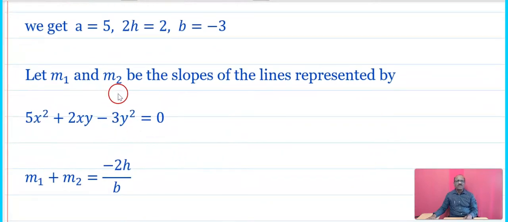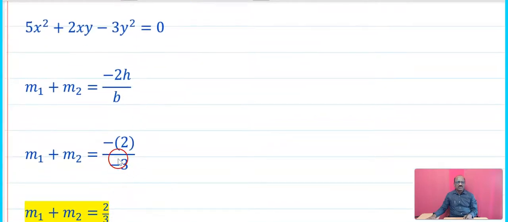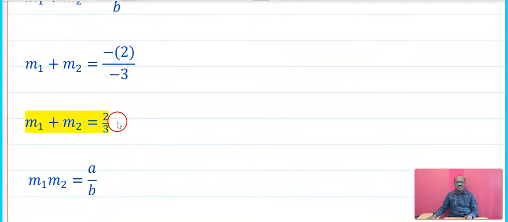Let m1 and m2 be the slopes of the lines represented by 5x square plus 2xy minus 3y square is equal to 0. Sum of the slopes m1 plus m2 is equal to minus 2h upon b. Again the value of 2h is 2, therefore it is minus 2 by minus 3, and this minus and minus will become plus.